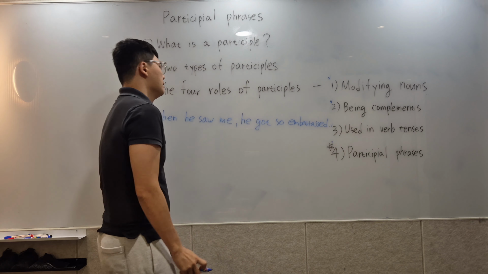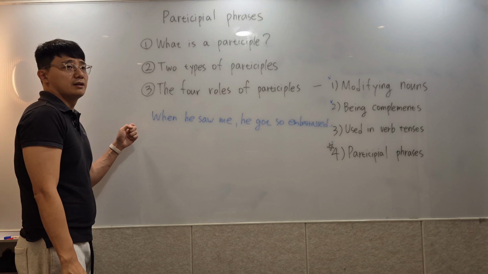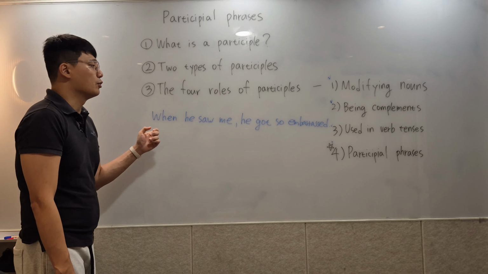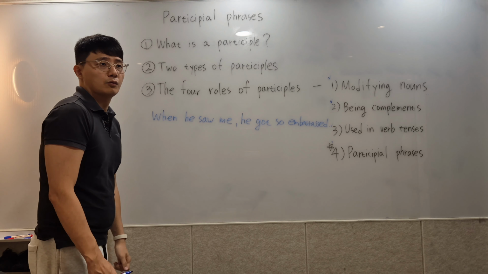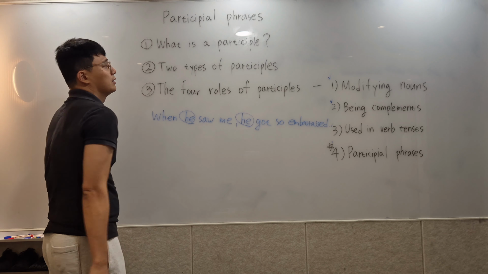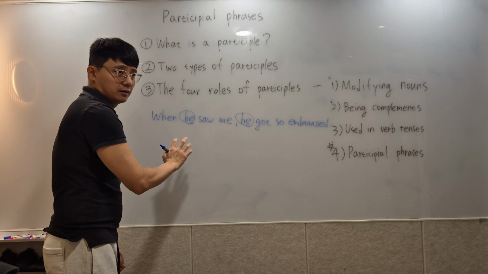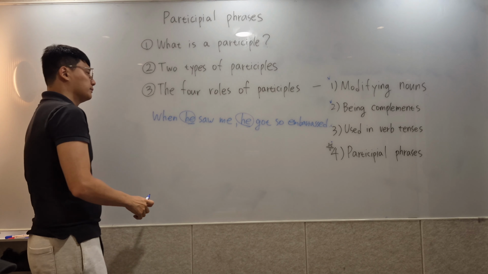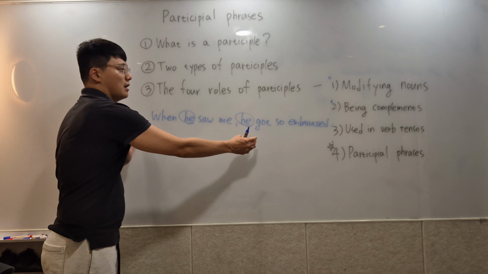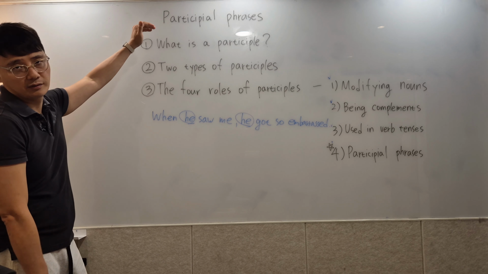If you look at the sentence, there is a common element in both parts, in both clauses. What do you see? The subject, he, appears in both clauses. So it's all about making a long sentence shorter by using a participle. That is a participial phrase.